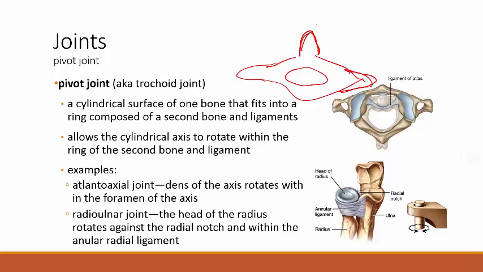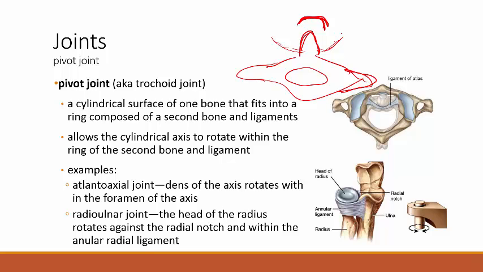Then this is the axis, and when the atlas fits over it, it's got just this very smooth, slightly rounded surface on the bone side, and then there's a ligament that captures the dens on the other side and holds the dens close to that joint.